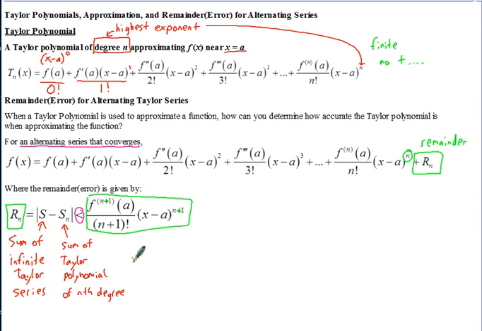So if the last term we use has a degree n, what this expression here represents, n plus 1, is the next derivative, the next exponent, and the next factorial. So it's basically representing the next term, or in this case the first term, not used by the Taylor polynomial.